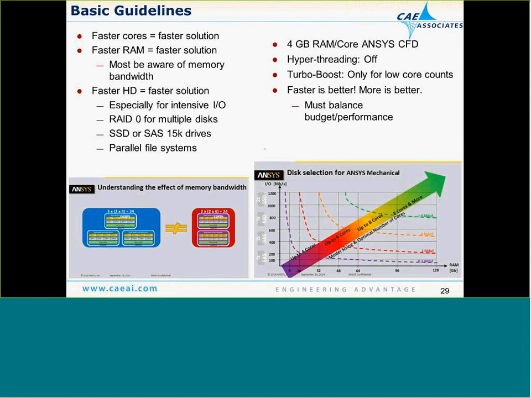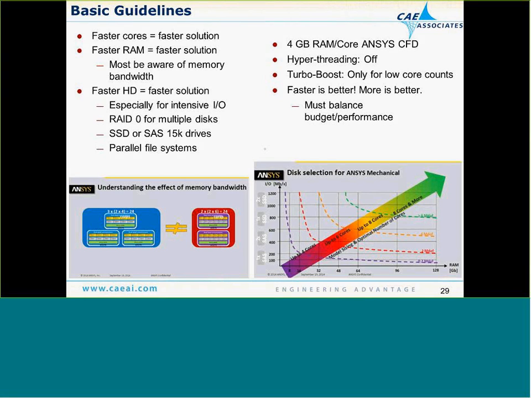So the basic guidelines, kind of common sense, probably all of you realize this: faster cores equals a faster solution. And again, I'd like to have a couple of stars there because it depends on your whole system environment, as I was talking about before. If you take a 16-core processor versus 2 8-core processors, that statement may not be exactly true. But in terms of the frequency speeds, that tends to be the case.